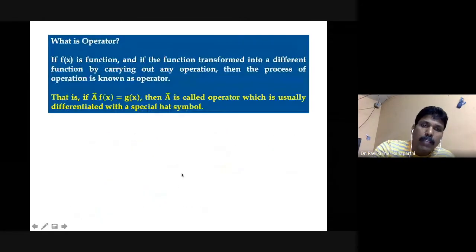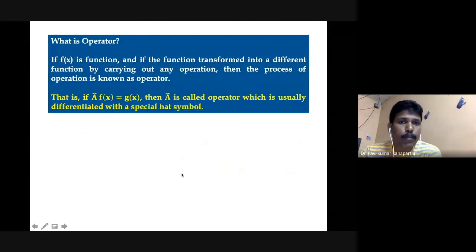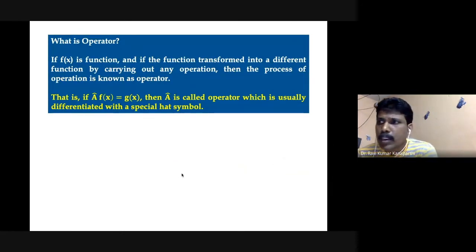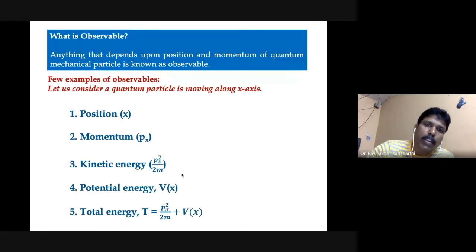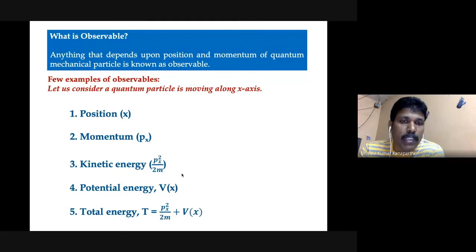Having known what observables are, observables are nothing but physical quantities which are measurable in the laboratory. You can just remember: observables are the physical quantities of particles which we can measure by doing an experiment in the laboratory.